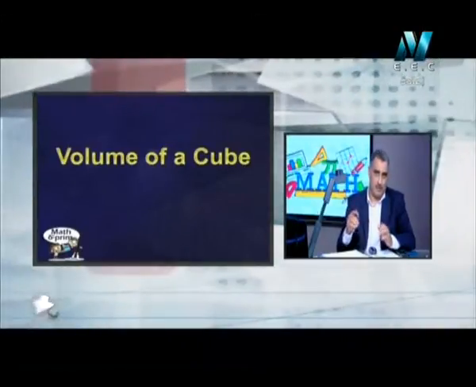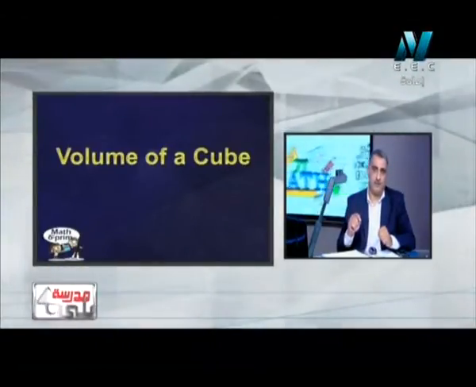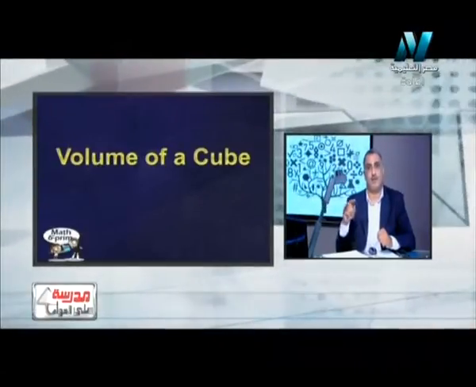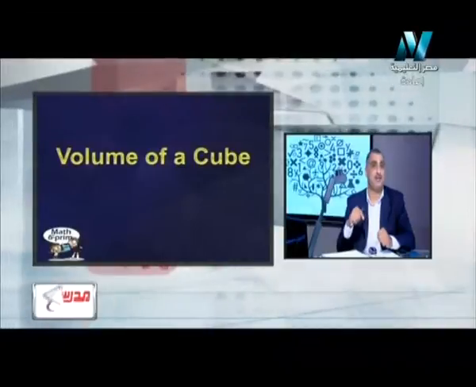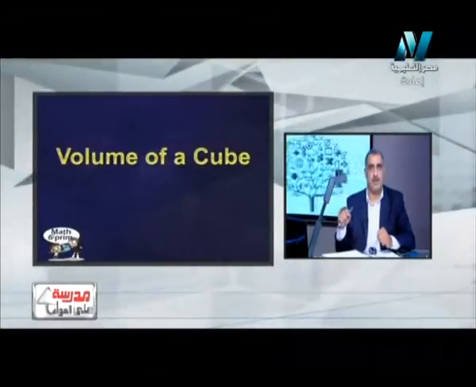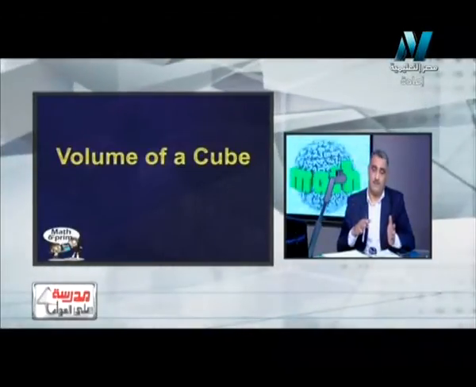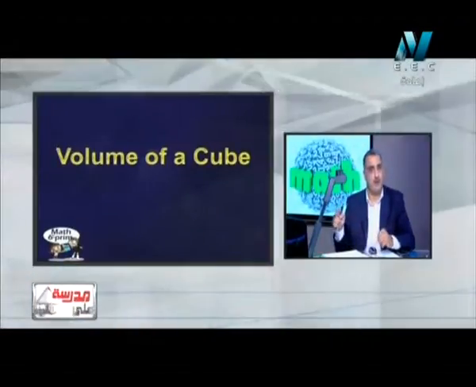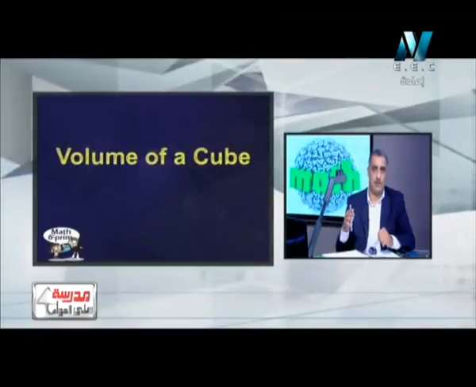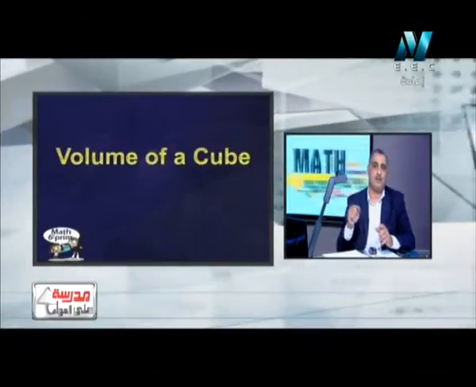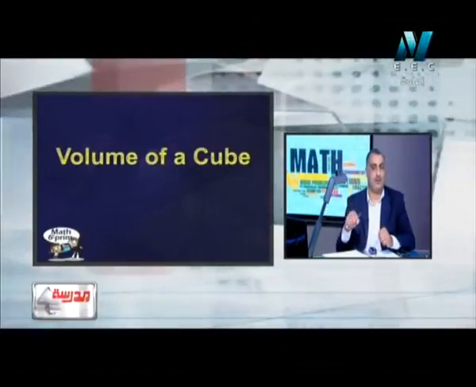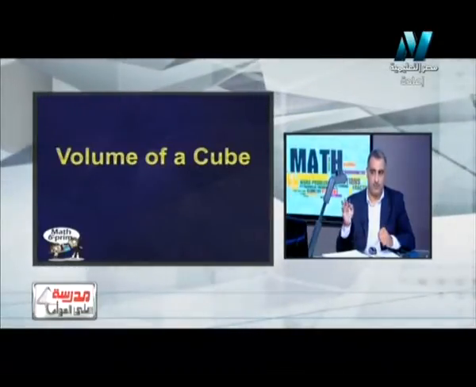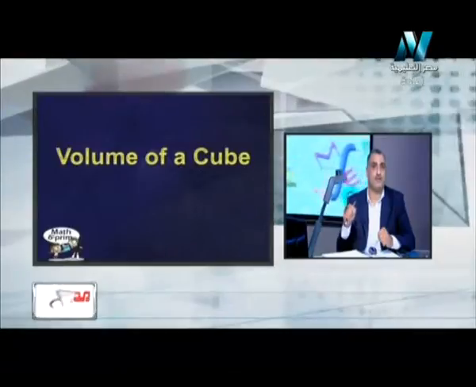If he gives me the volume of a cuboid and asks about the base area or height, we can use the rule in a different way. Height equals volume divided by base area, and base area equals volume divided by height.